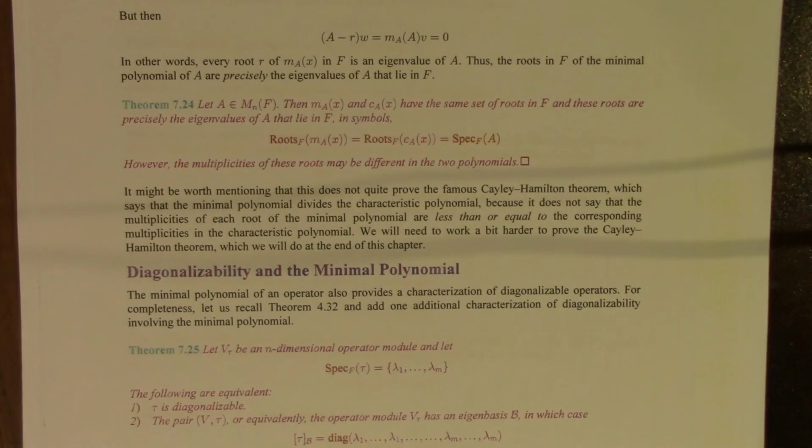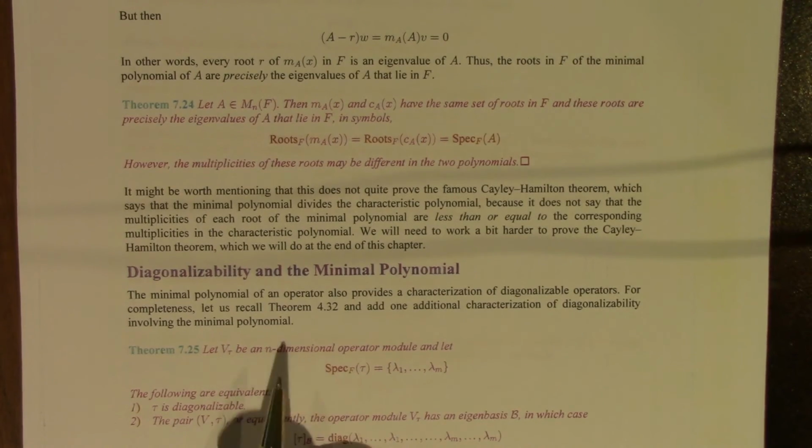The minimal polynomial of an operator provides a characterization of diagonalizability of operators. We've already discussed diagonalizability back in chapter 4, and the minimal polynomial will give us one more characterization.